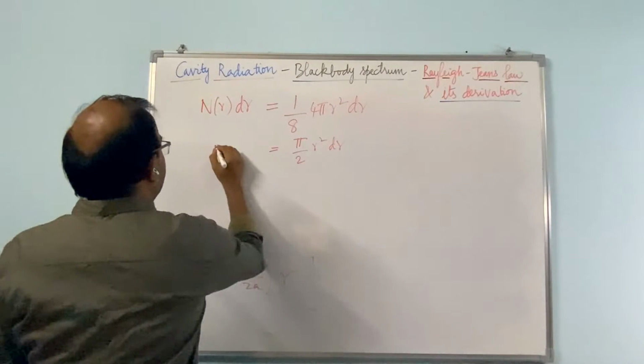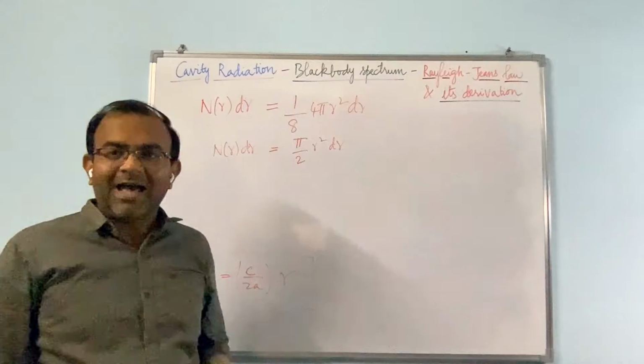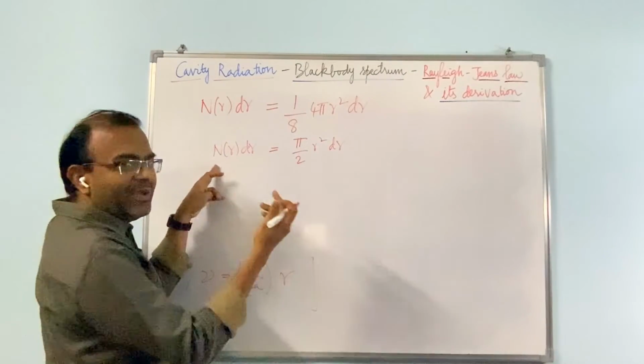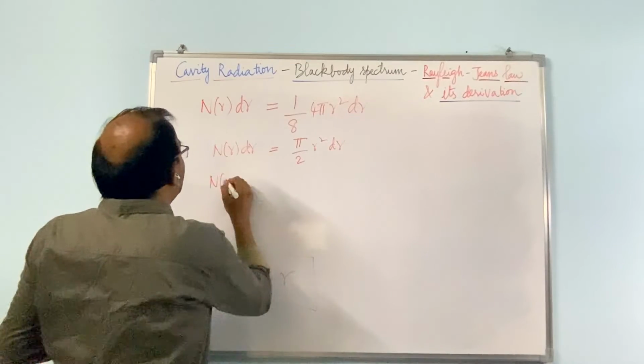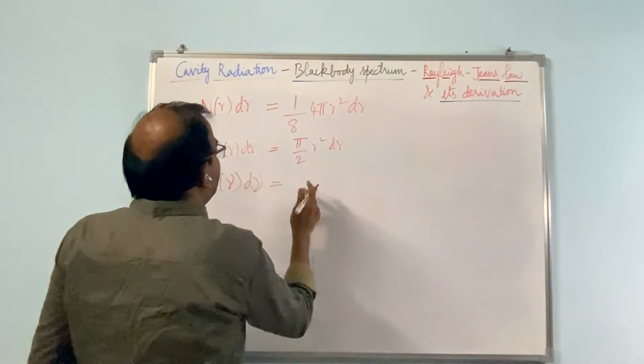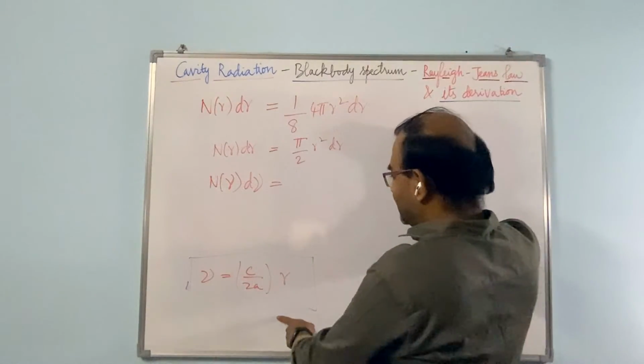nr dr. And since the entire construction is to count the number of frequencies, nr dr would be equal to N nu d nu, and therefore r and nu are connected by this relationship.